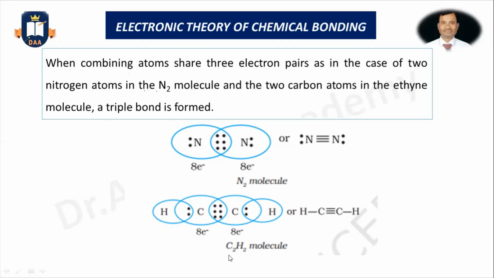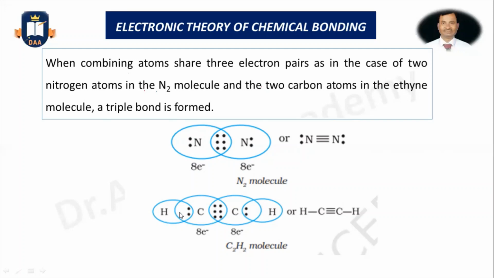And another example is the ethyne molecule, C2H2. That means 2 carbon atoms and 2 hydrogen atoms form the ethyne molecule, C2H2. So here also you see the carbon has 1, 2, 3, 4 electrons. So this will form the octet with the neighboring carbon atom, and on the left side you can see 1 hydrogen atom also.